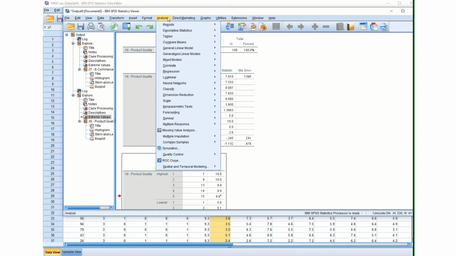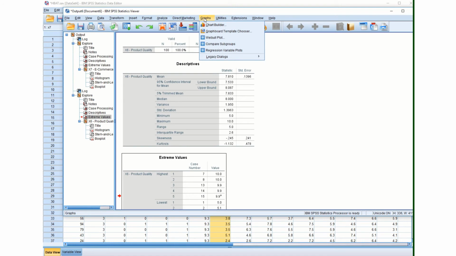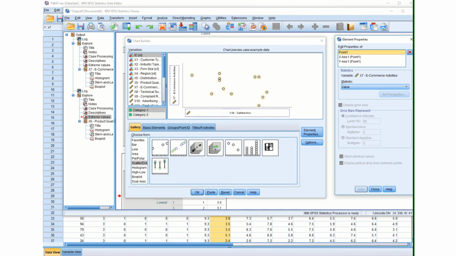Another thing we can do is look at two variables at the same time, and for this we can look at a scatter plot. In this case I've chosen satisfaction, number 19, as an outcome variable, and then I have again our x7 here.